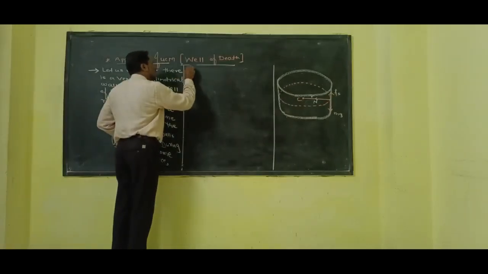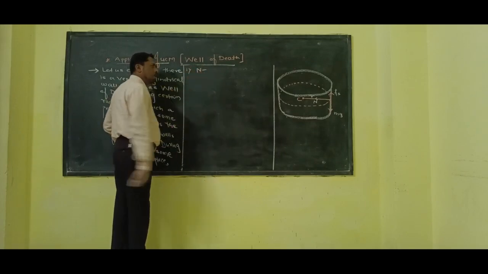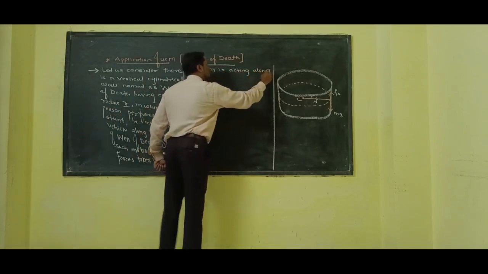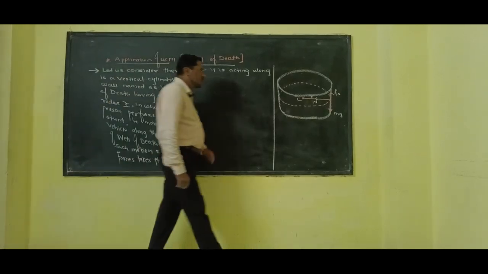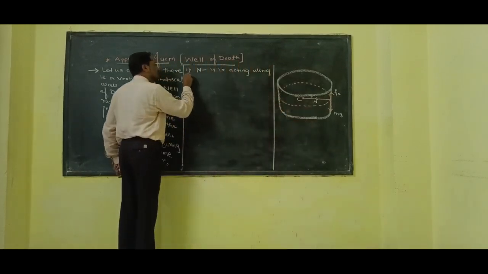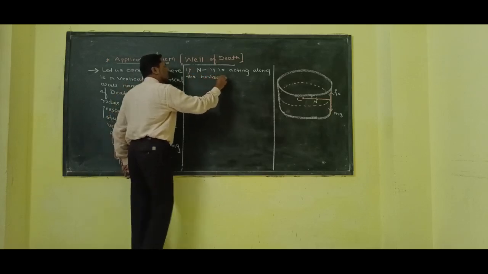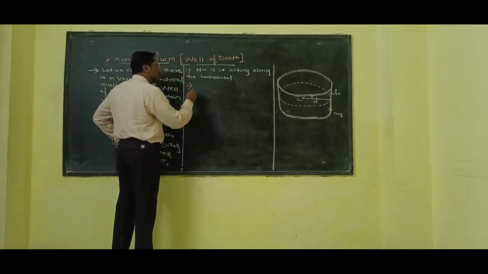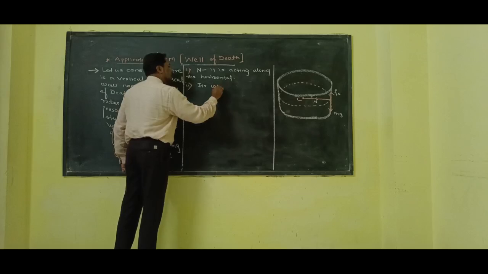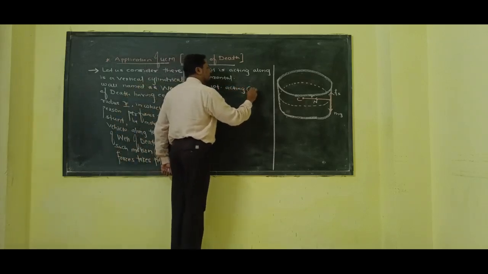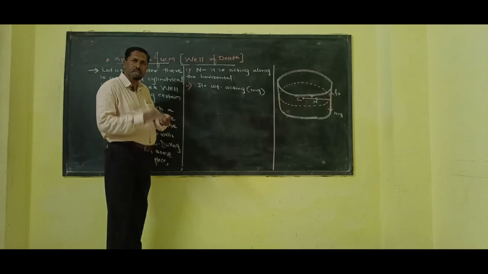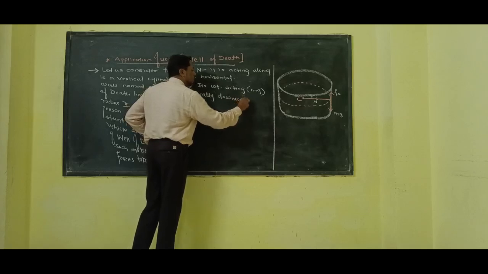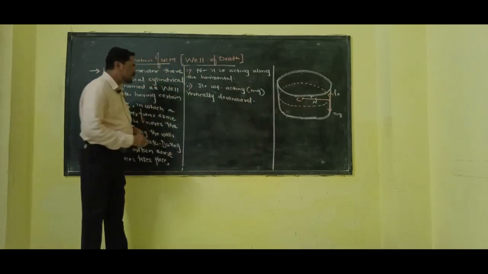The first one is N, and it is acting along the horizontal. This is the very first force shown in the diagram, acting along the horizontal, whereas the second force is the weight that we can write as mg. It is acting vertically downward.